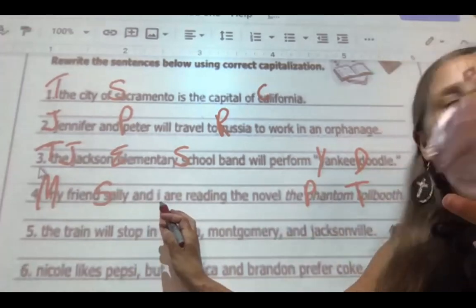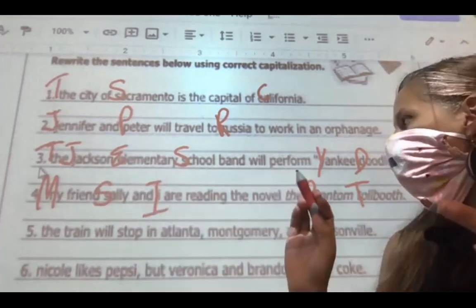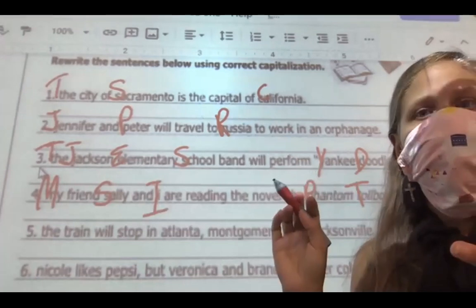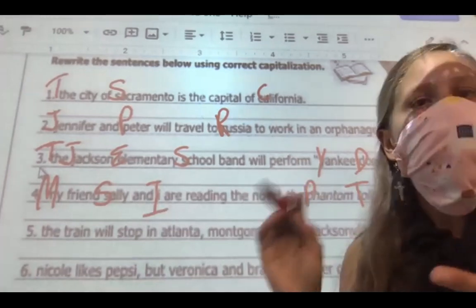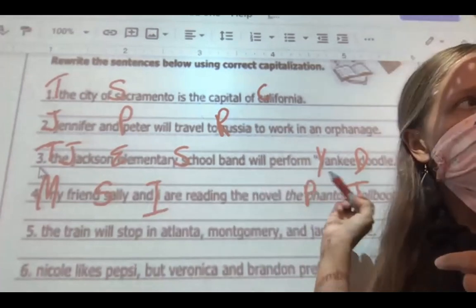What'd you miss right here? I. Good. Always capitalize I. And then one more thing. The Phantom Tollbooth is in italics because it's the title of a novel. It's the title of a book. So what do I need to include that you didn't capitalize?